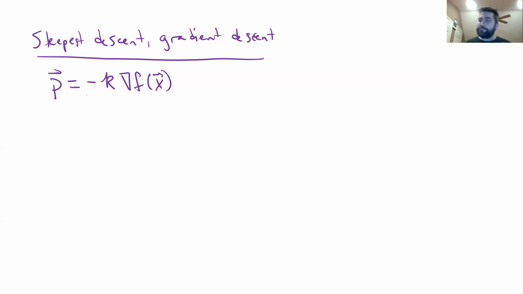Well, here the idea is that if you're at a position where the gradient is large, that is a place where the gradient is steep, that suggests that you may be far away from a local minimum, and a large step is appropriate.